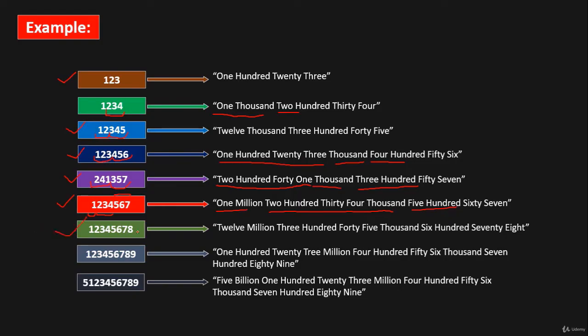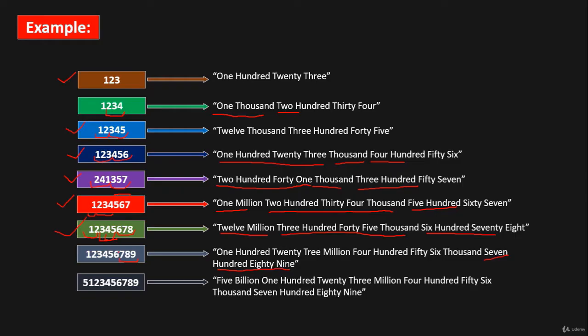Then for this integer, first we have the last 3, 678. Then the next 3 from the right is 345, for thousand. Then the next 3 from the right is 12, so this 12 is for million. So 12 million. Then for this integer, the last 3 is the base, 789.